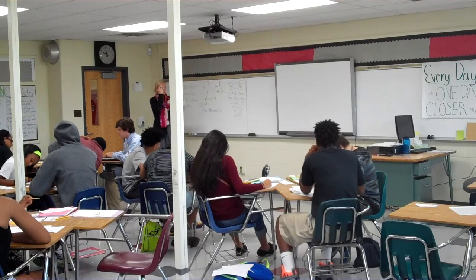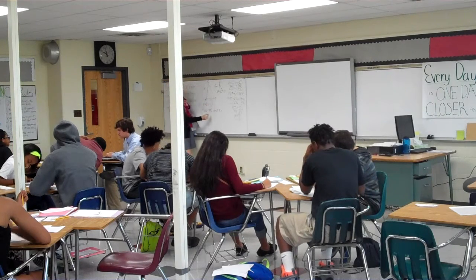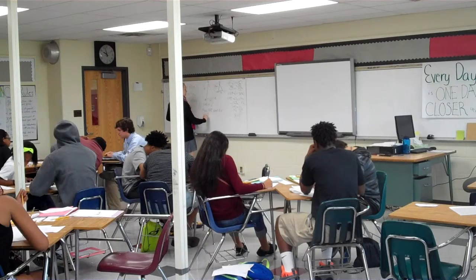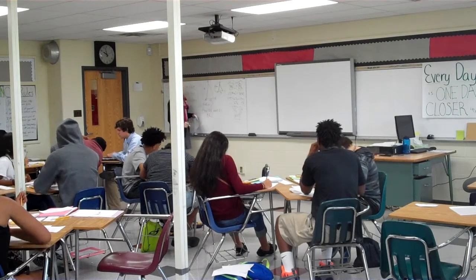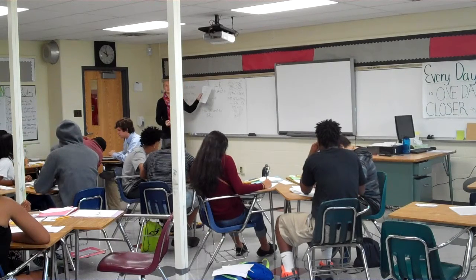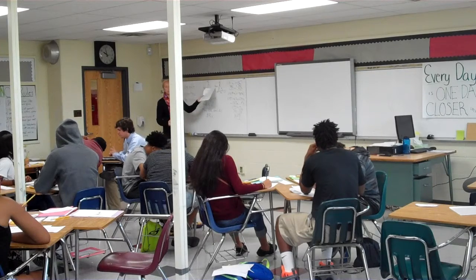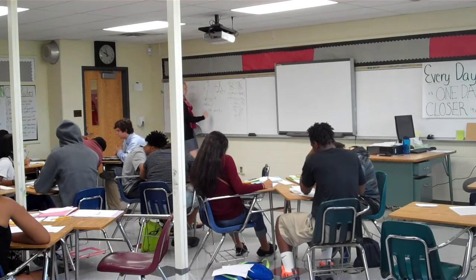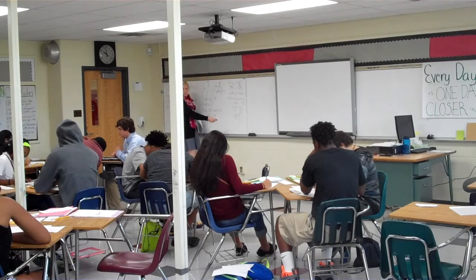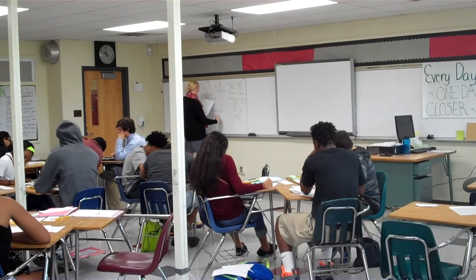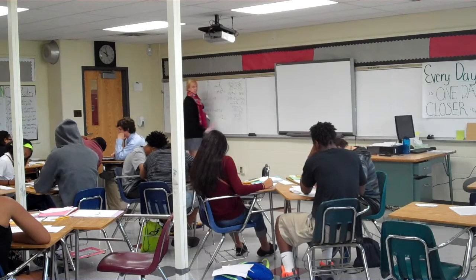What do I need to do in order to find BR? What does BR equal? 19 plus X, right? So you just have to substitute in the 7: 19 plus 7, 26.